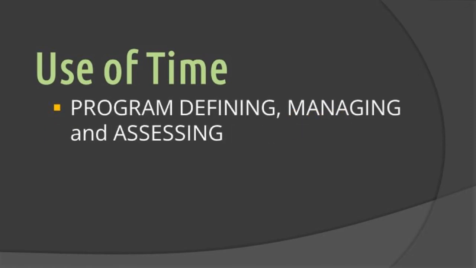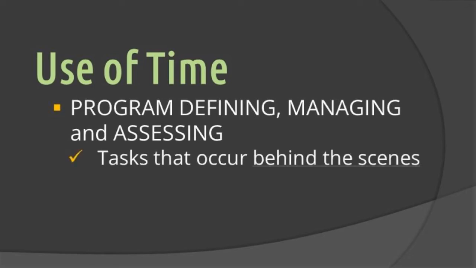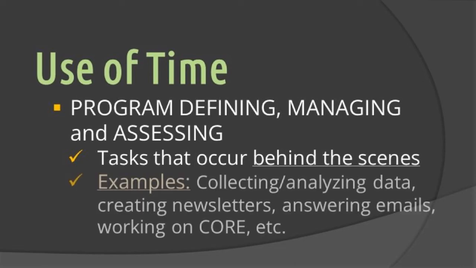The next time use category is program defining, managing, and assessing. And like the previous 2 categories, these activities align to the school counseling program's goals, but are tasks that occur behind the scenes, like collecting data, creating newsletters, working on a comprehensive counseling model like this.